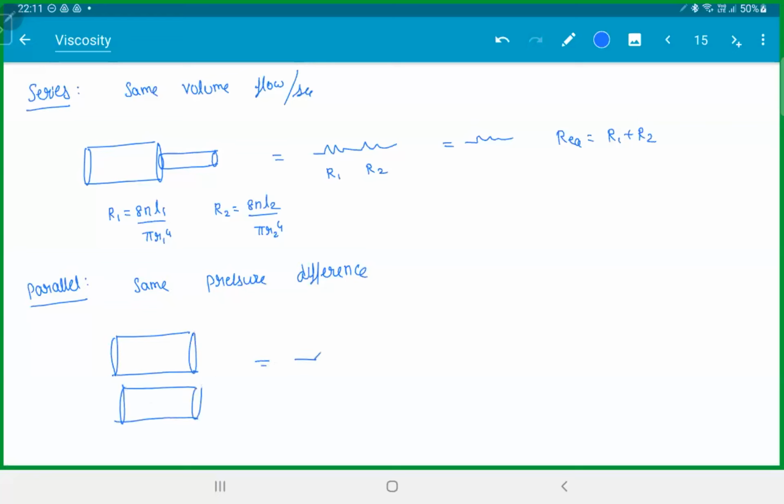You can just treat them like two resistors, R1, R2. 1 by R equivalent is 1 by R1 plus 1 by R2. Everything written in heat transfer works exactly the same. So every model you did in heat transfer, you can apply, the rods and everything especially.